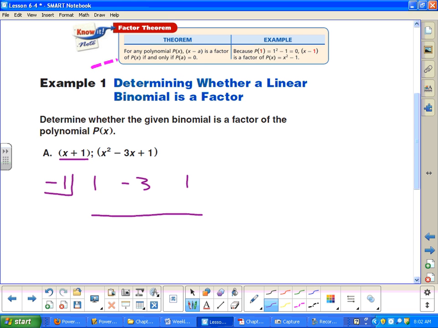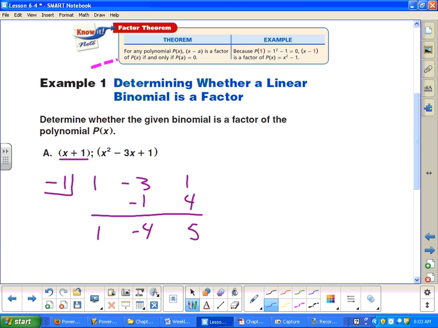If I don't, then it's not. So we bring down our 1. Negative 1 times 1 is negative 1, so we get negative 4 when I combine them. Negative 1 times negative 4 is 4. Add them together, and we get 5.